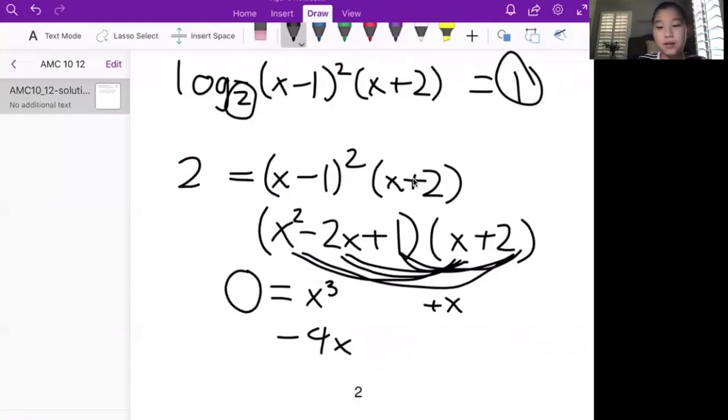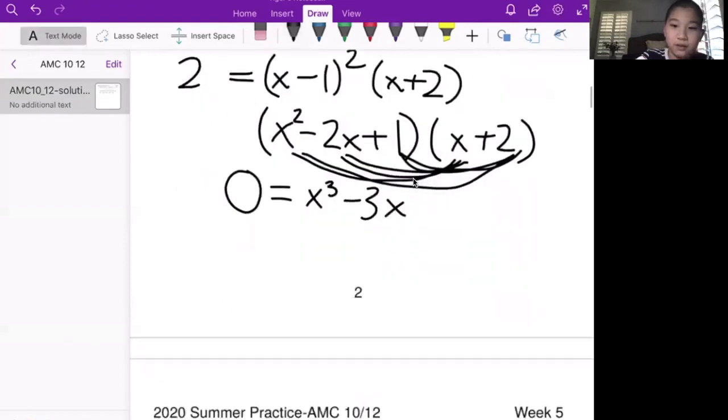And then the x minus 4x is just minus 3x. So x cubed minus 3x. And then there are 3 solutions actually, but we'll see that not all 3 of them work.